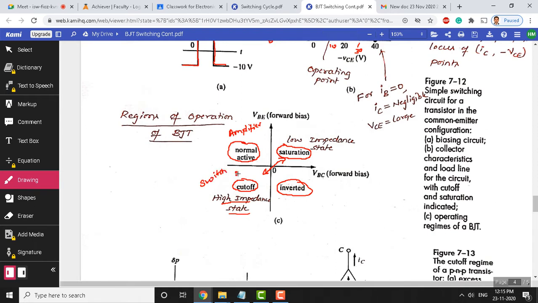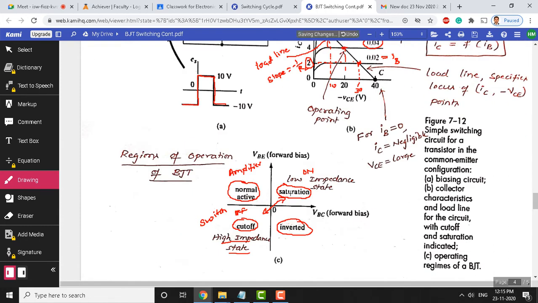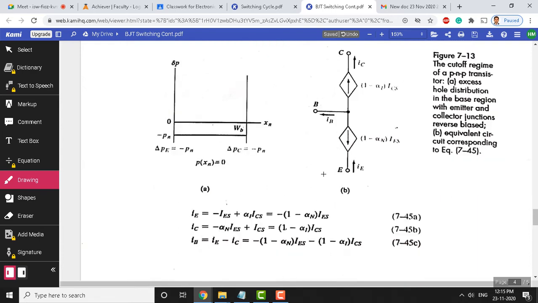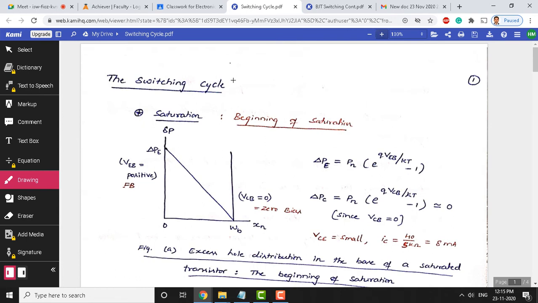So, it will act like an off switch in cutoff, and in the saturation mode it will act like an on switch. This we have discussed already with reference to the load line, and the same thing with reference to the mode of operation, we need to switch between cutoff and saturation frequently. We will straight away move into the switching cycle now. Okay. Switching cycle, the saturation here.